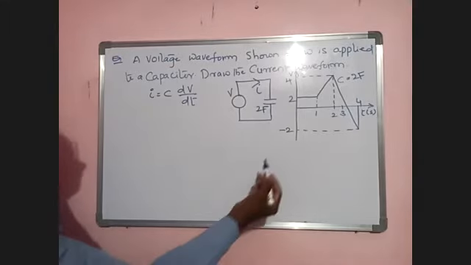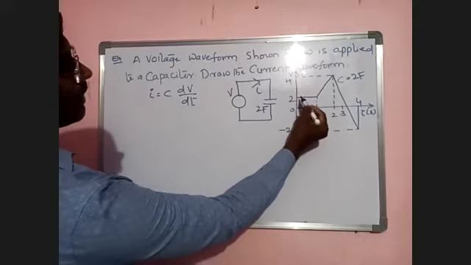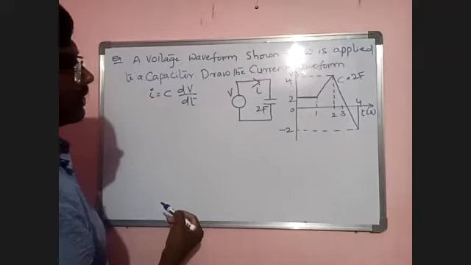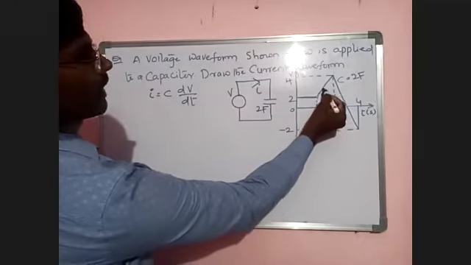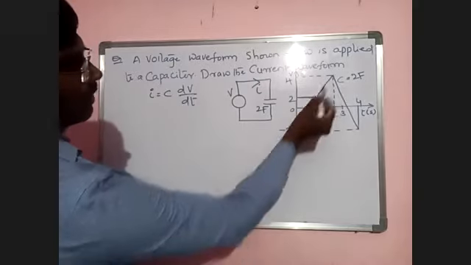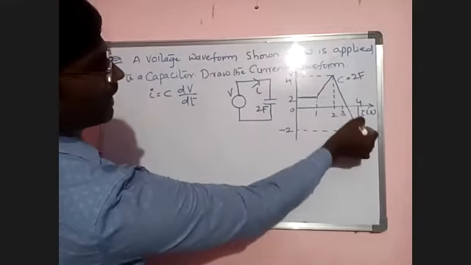Okay. So here, from 0 to 1, it has some constant slope, which is a constant line. From 1 to 2, it is again a line with some constant slope. From 2 to 4, again a line with constant slope.